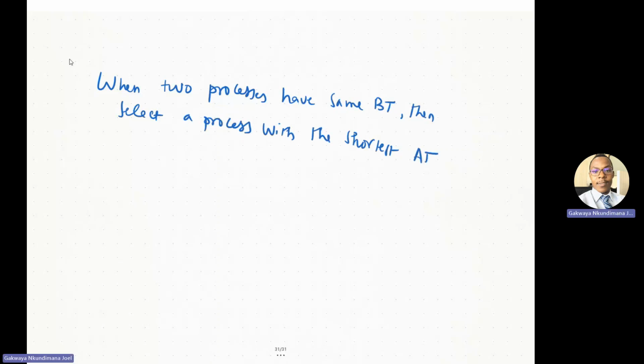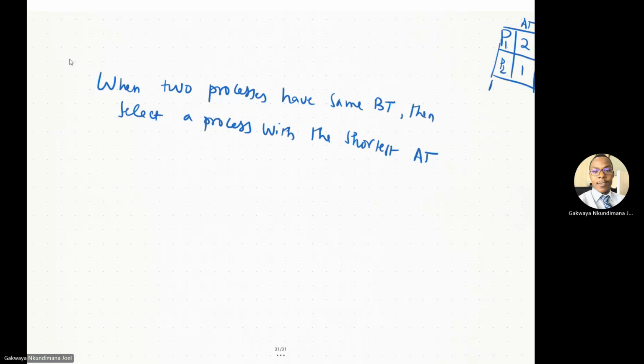So among the two, which one do we have? We have P3. I write a small table here for you to see, with process ID, arrival time, and burst time. Process 1 was 2, 5. Process 2 was 1, 2.